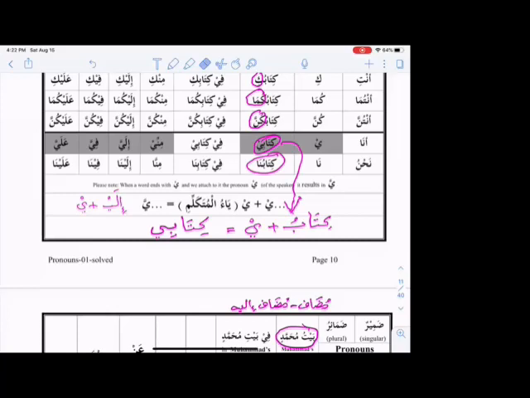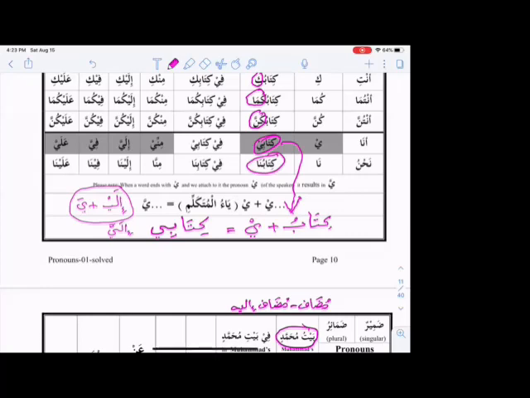This sukun we change into fatah. Now we can pronounce it. What is it? Ilayya. Now you pronounce it. Ilayya.